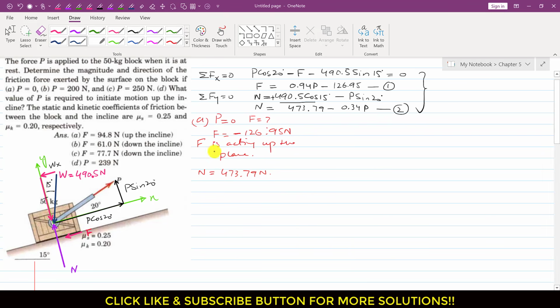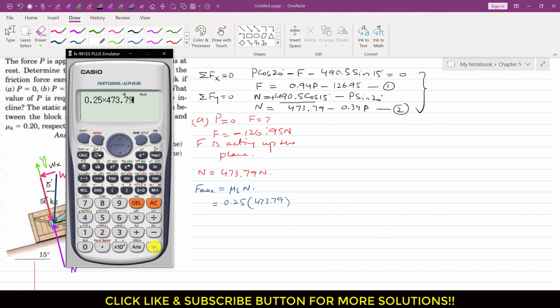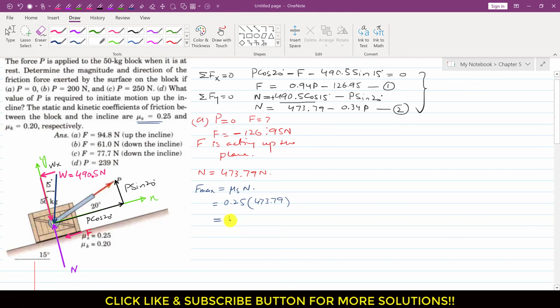Let me find F max, the maximum friction force that this surface can offer, which is equal to mu s N, and mu s is given as 0.25, so 0.25 times 473.79 gives us 118.45 newtons.